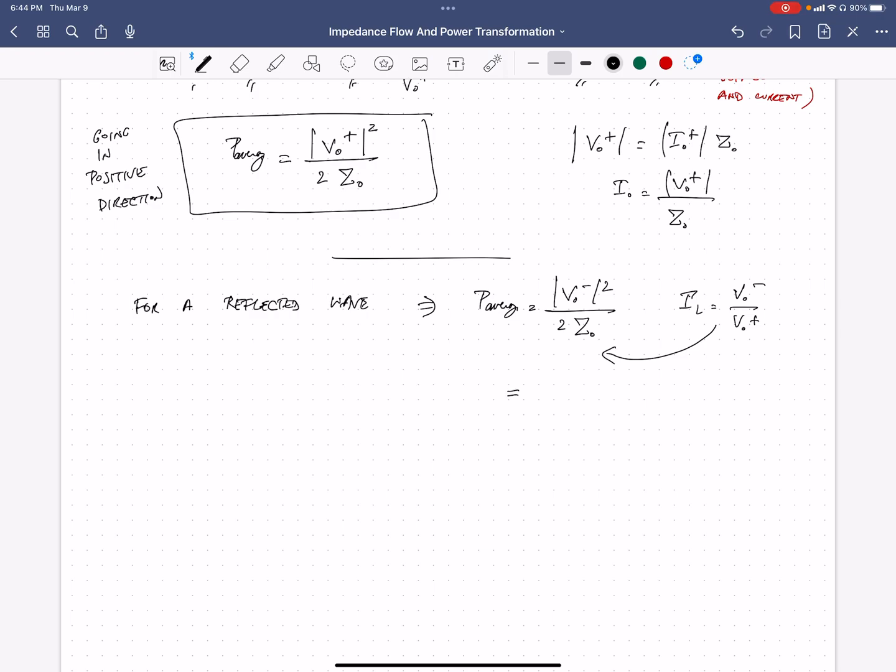the average power reflected is equal to the reflection coefficient squared times V0 plus squared over 2 times Z0.